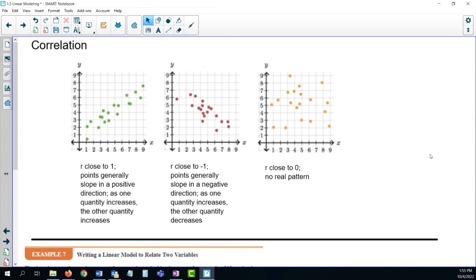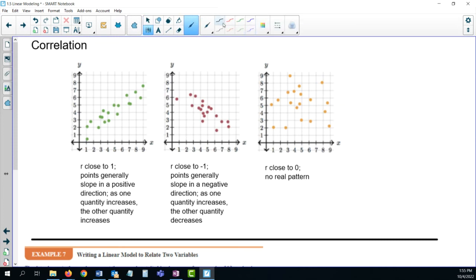If I'm falling from left to right, but I still have that pattern, like the red dots, where it's pretty consistently falling, that would be a correlation of -1. So the correlation coefficient is r. The closer it is to 1, the stronger the positive correlation is.